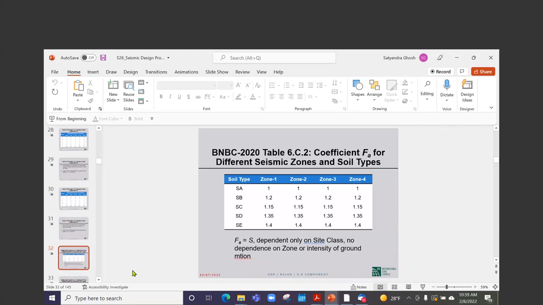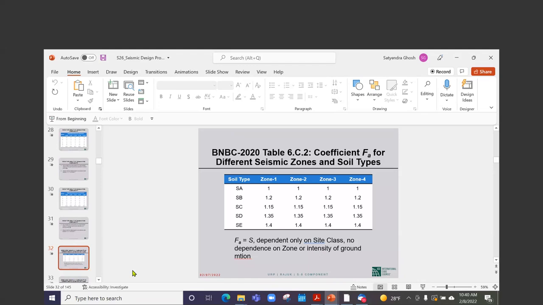Okay, moving on. So vertical irregularities 5B in SDC D, E, and F are prohibited in the states.